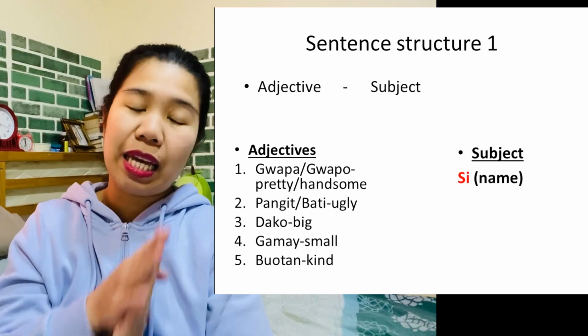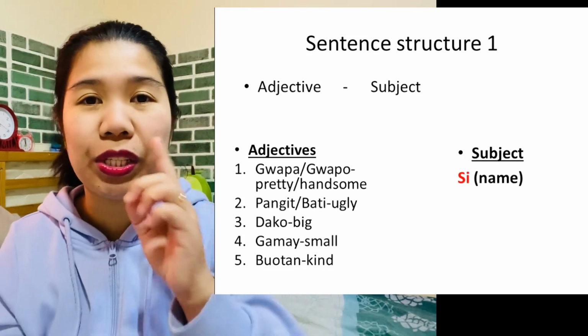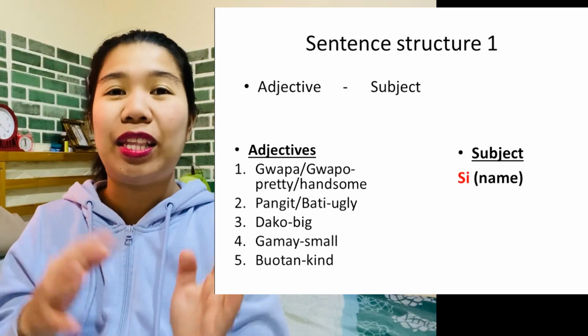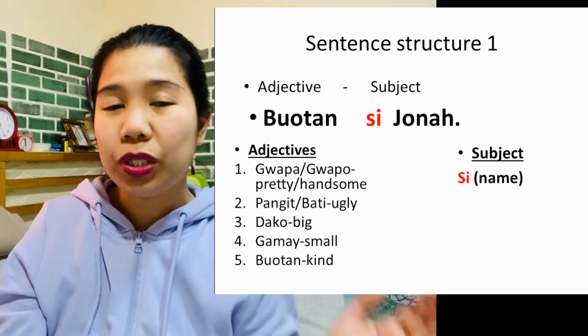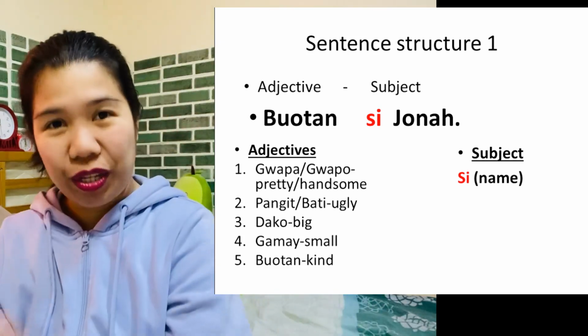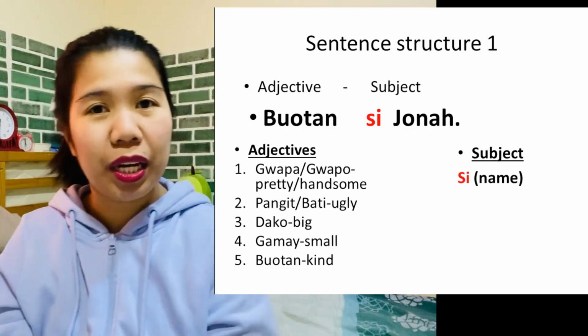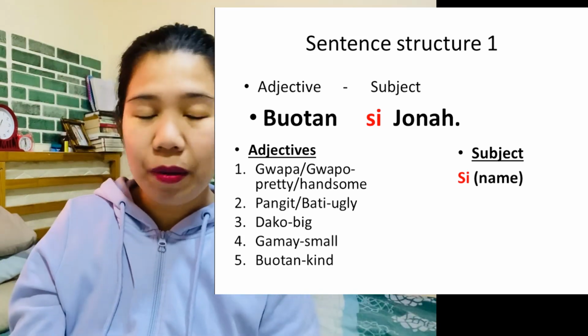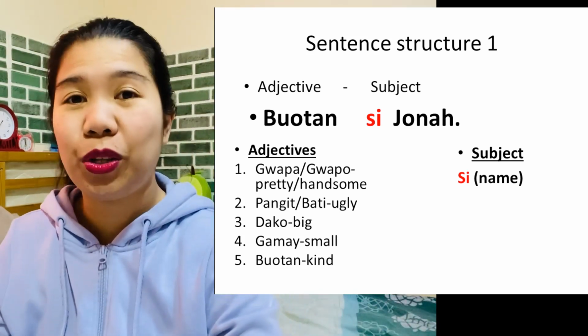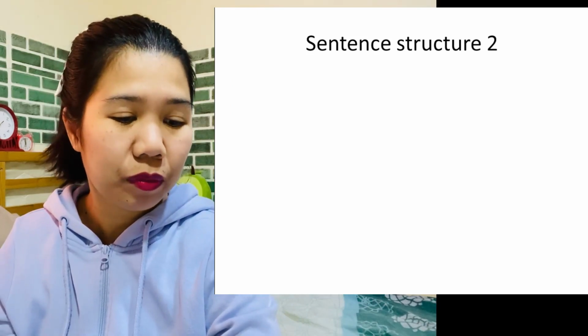If it is a name, you will put the word si, and then you add the name. Let's have, for example, buutan si Jonah. Meaning in English, Jonah is kind. Okay? Buutan si Jonah.